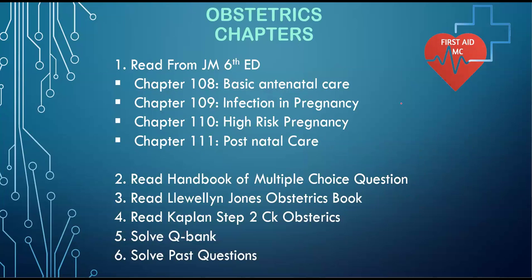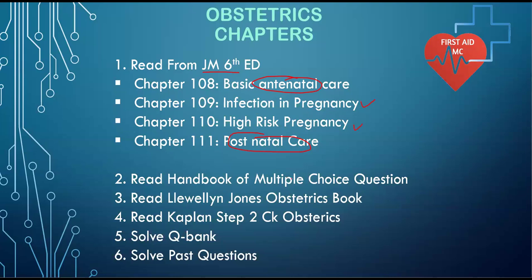The 7th and 8th edition has only got two chapters, antenatal care and postnatal care. So that's why we follow the 6th edition, because the 6th edition had these two chapters, chapter 109 and 110. Sometimes we go through the 6th edition for these two chapters, and for the other chapters we mainly follow the current edition.